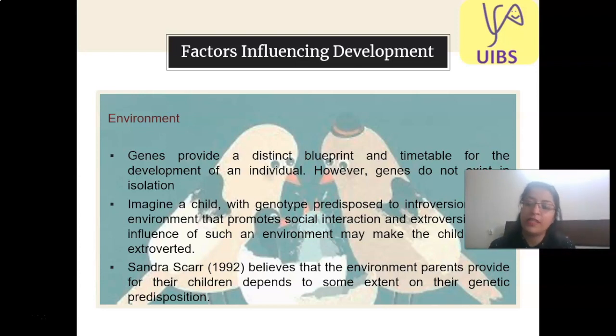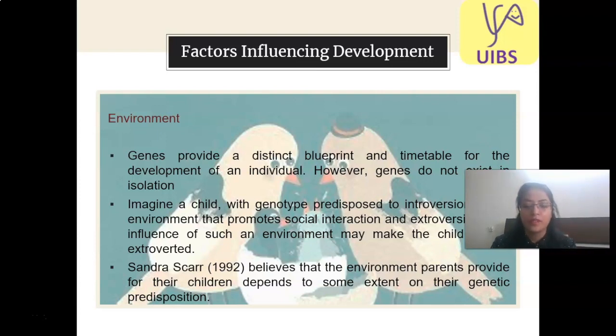Now, a very interesting study or understanding which Sandra Scarr gave us was that the environment which parents choose for their child depends to an extent on their genetic predisposition. So suppose there are parents who are introvert, they will also provide an environment which promotes introversion.